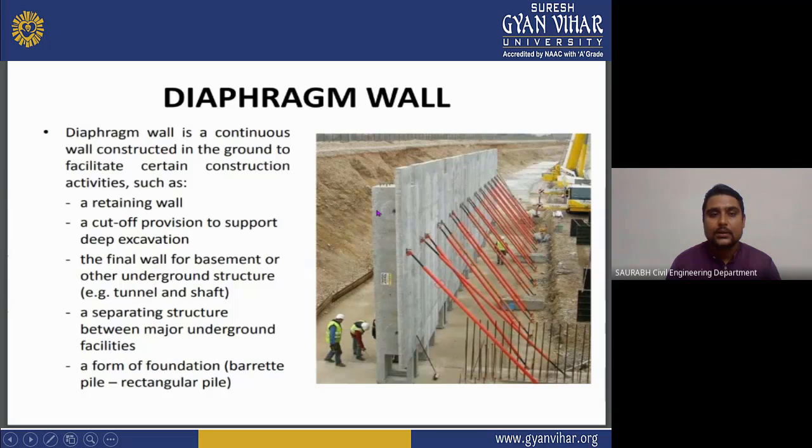The diaphragm wall is a continuous wall constructed in the ground to facilitate certain construction activities such as a retaining wall, a cutoff provision to support deep excavation, the final wall for the basement or other underground structure like a tunnel and shaft, a spreading structure between major ground facilities, and a form of foundation. As you can see here, this is the retaining wall. This is the image of a retaining wall, which is also known as a diaphragm wall.